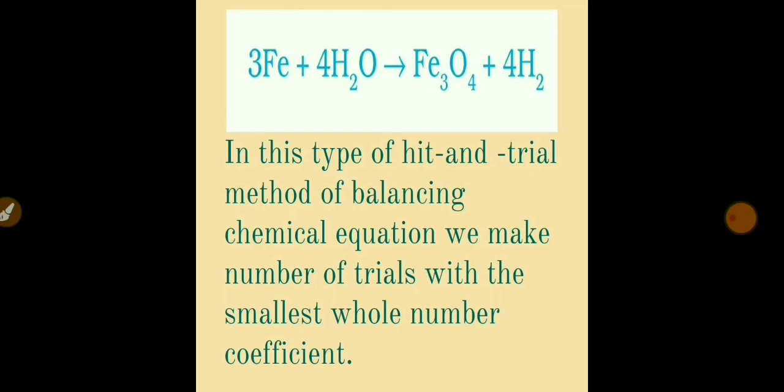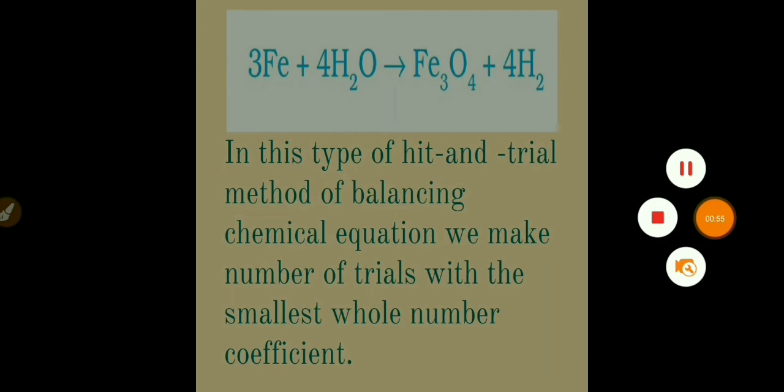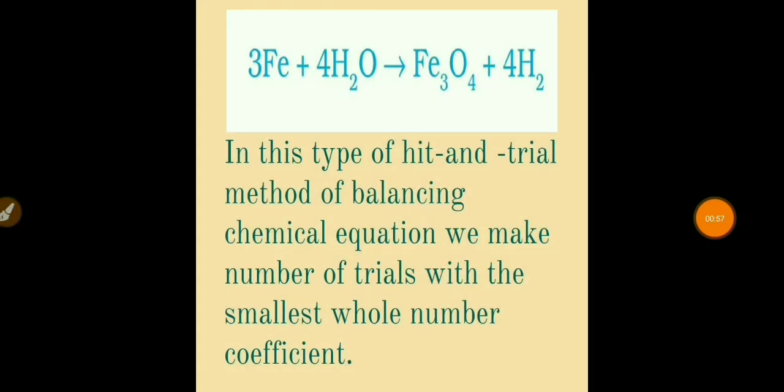So multiplying with the whole numbers 4, 1, 3, the smallest whole numbers, to make a balanced chemical equation, we need a number of trials. So it is called the hit and trial method.